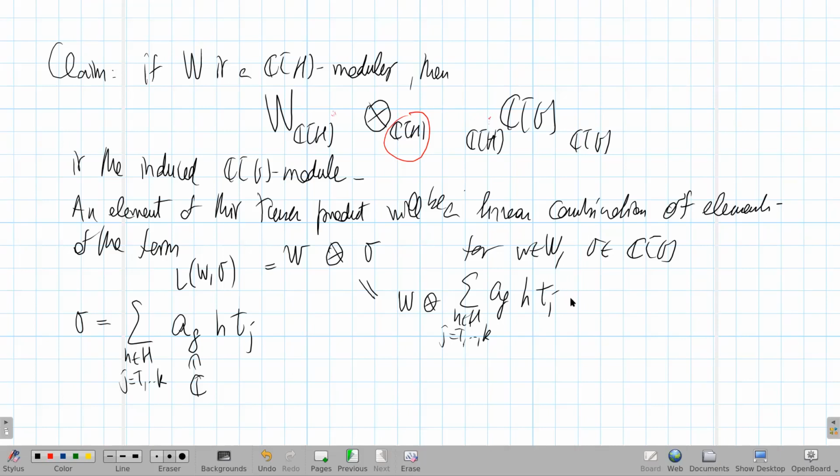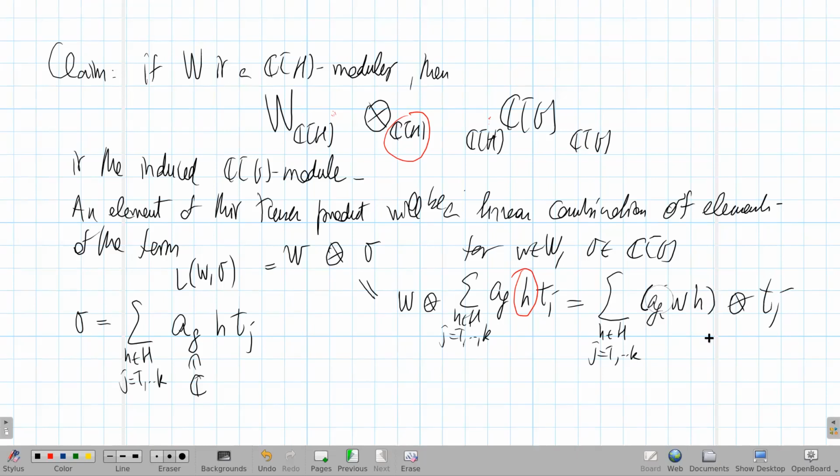So this means that this element h is going to go to the left, and you'll find yourself with something like this. So this is the sum over h in H, j from 1 to k, w, well, let's write the complex number on the left.